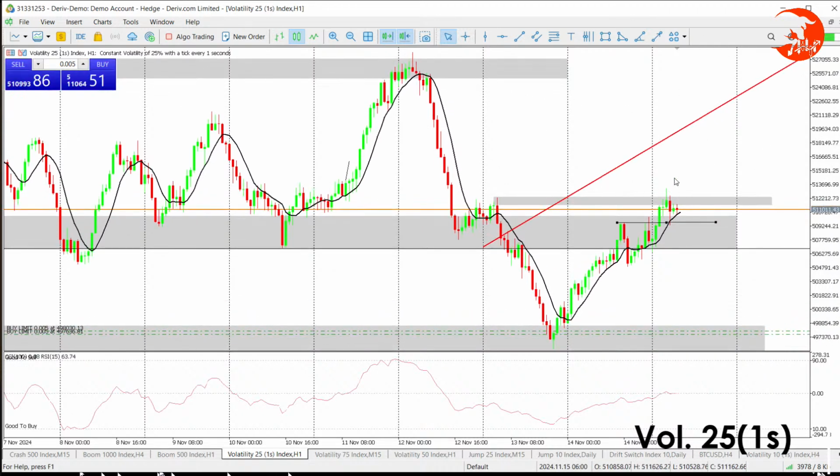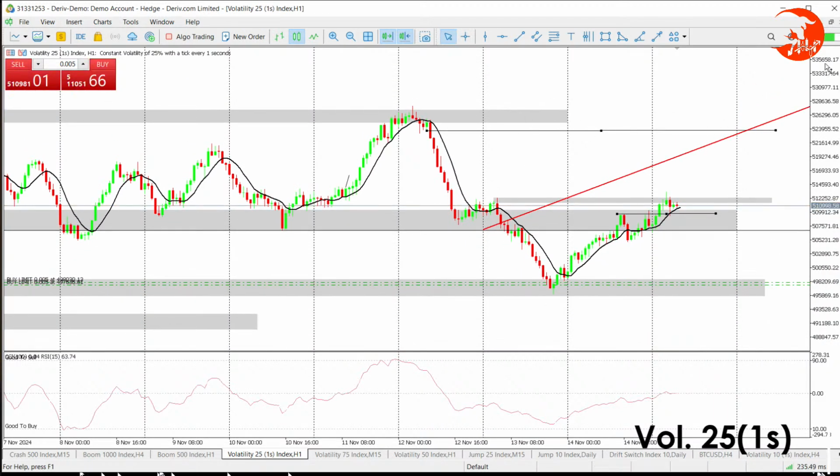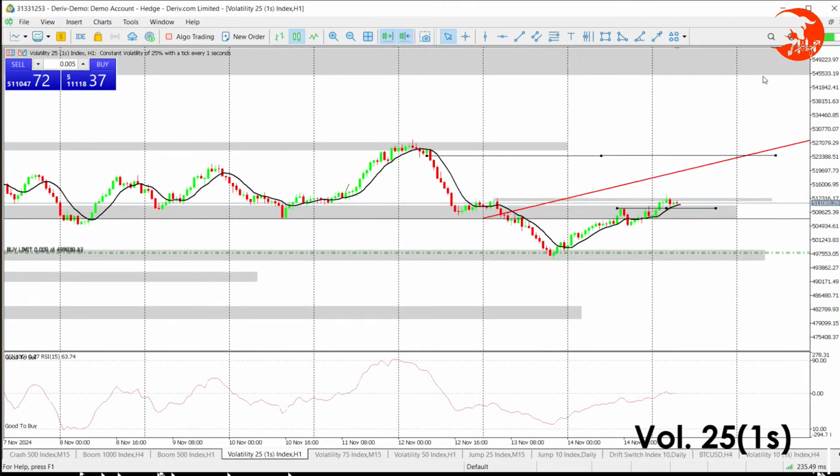Once it does that, this is a trade that we may actually take today. It may give us some good money. So we will have our first TP around that level there, and then our second TP, once it breaks out, on that very fair value gap, which is an H4 fair value gap.